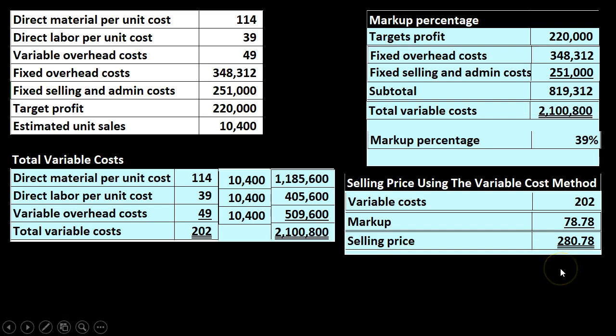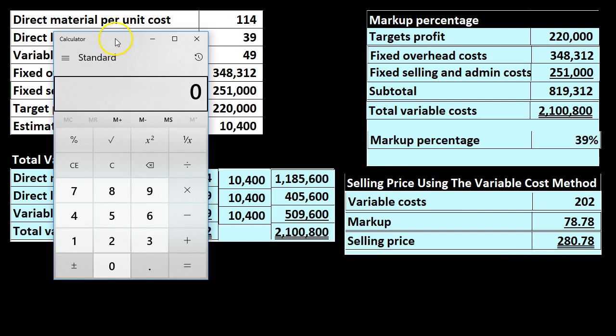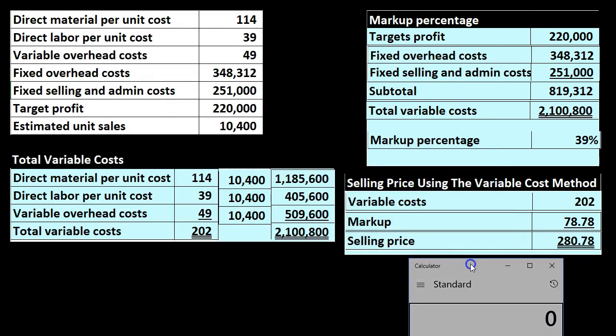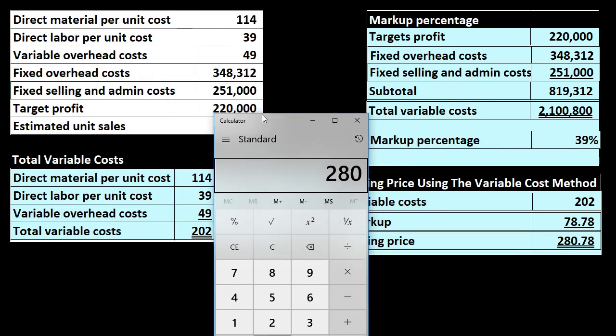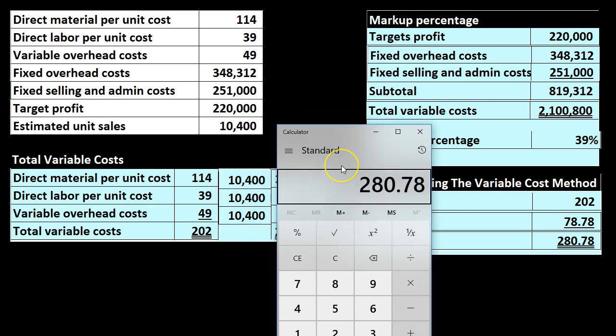Now we could go ahead and check this number if we pull out the calculator and say, okay, does this work if we had the 280.78 and we said that we're going to sell 10,400 units times 10,400? That's going to give us the 2,920,112.